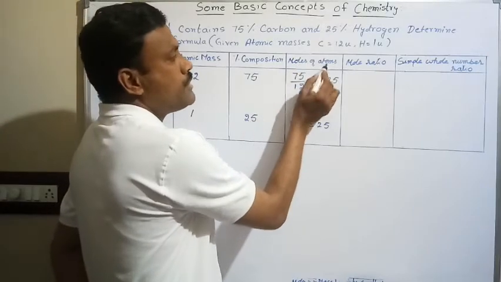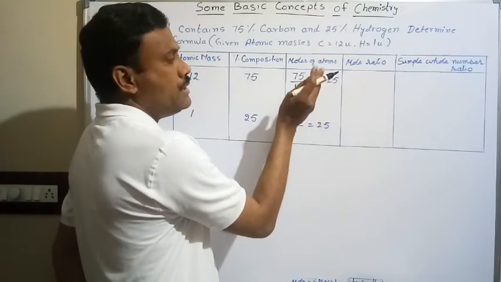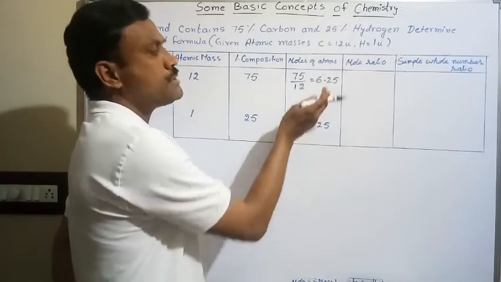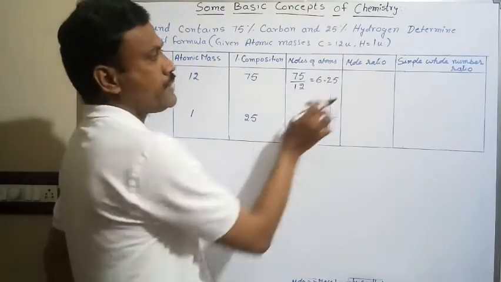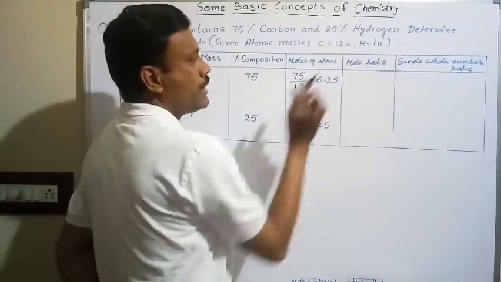So moles of atoms divided by the smallest number gives the mole ratio.